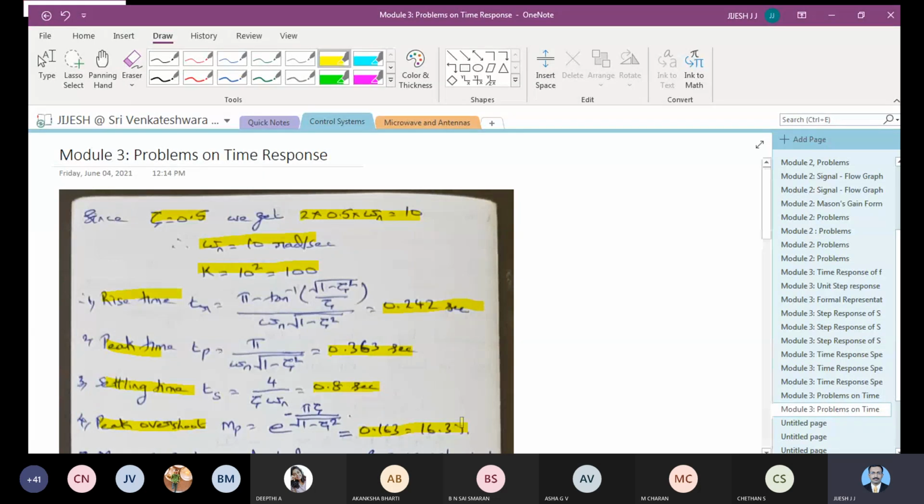See, the only thing is that when you're doing it in the calculator and putting all the values together, use the brackets properly.